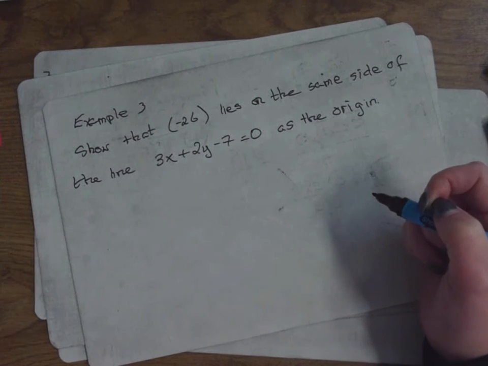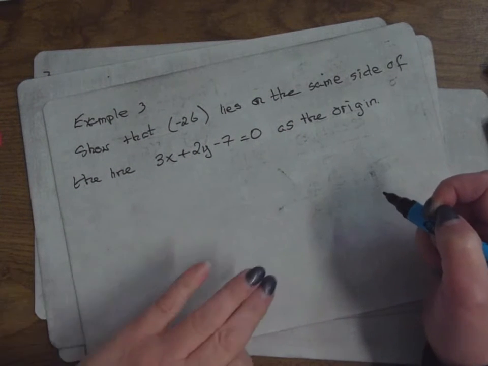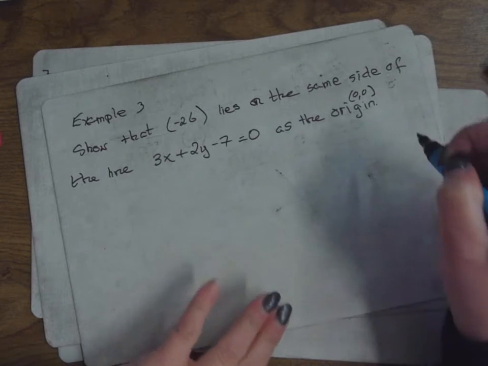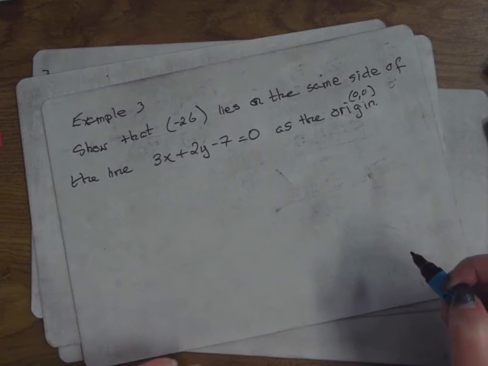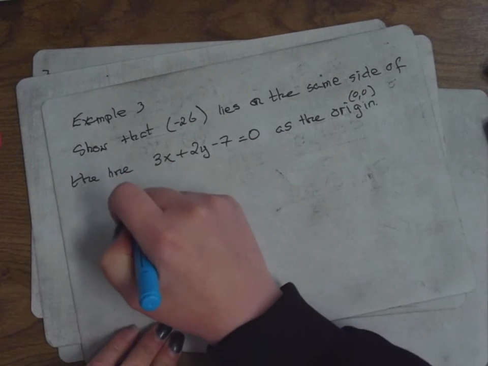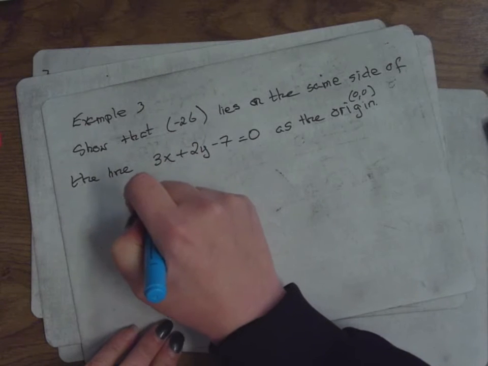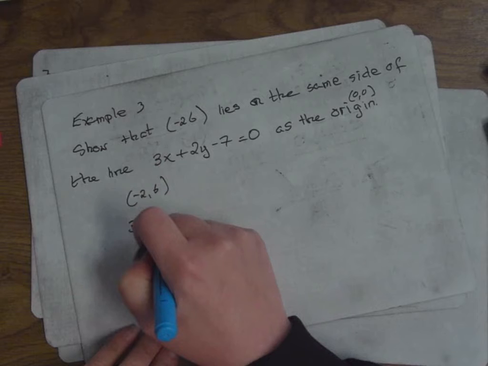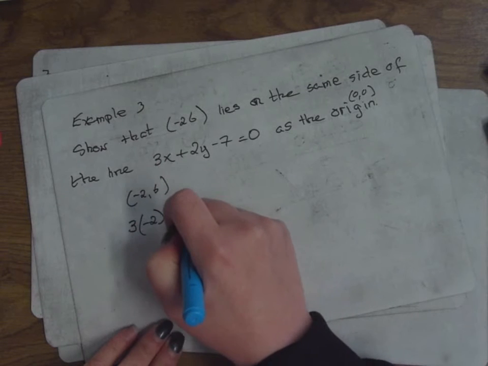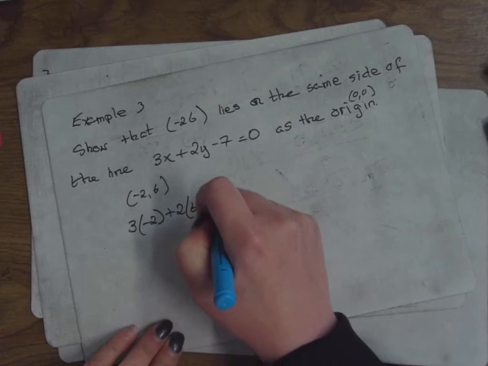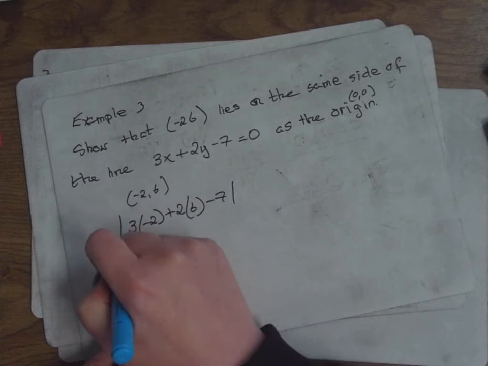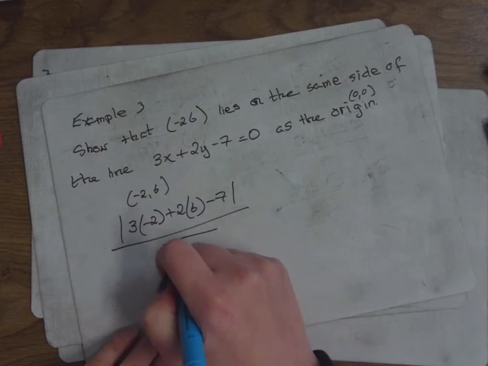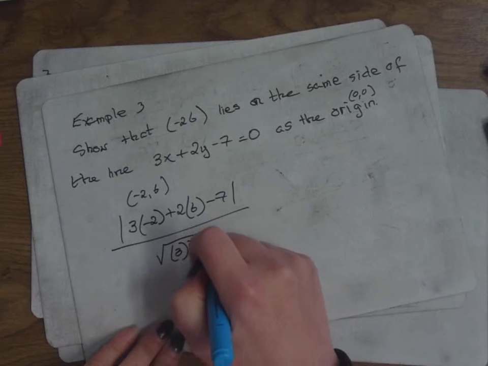So you get the perpendicular distance from each point. Remember the origin is not naught. So you get this perpendicular distance from each point to the line. So let's do minus 2, 6 first. So it's 3 times minus 2 plus 2 times 6 minus 7 all over the square root of 3 squared plus 2 squared.